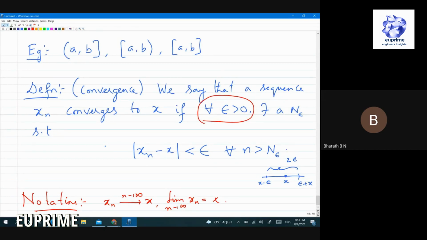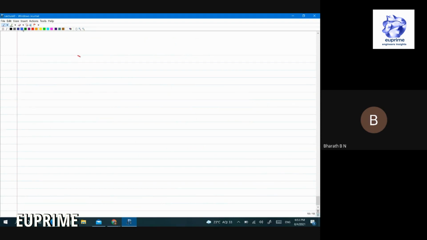So now, of course, there are certain properties, right? What are the properties? I won't prove these things. Maybe you should try to prove this. If xn converges to x, yn converges to y, this implies xn plus yn converges to x plus y.